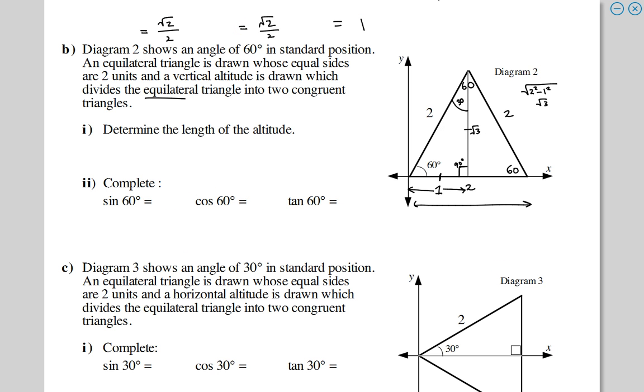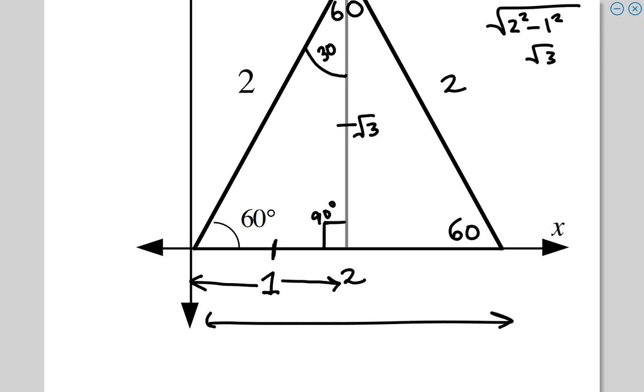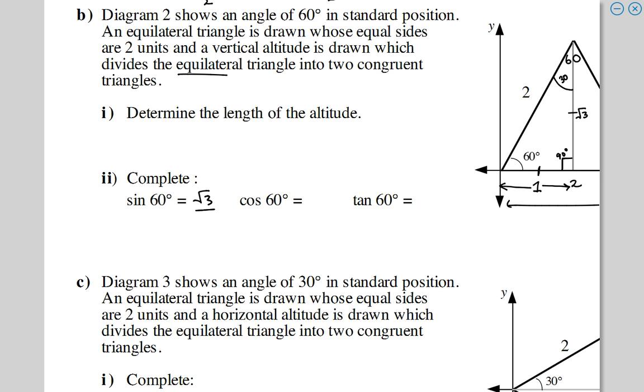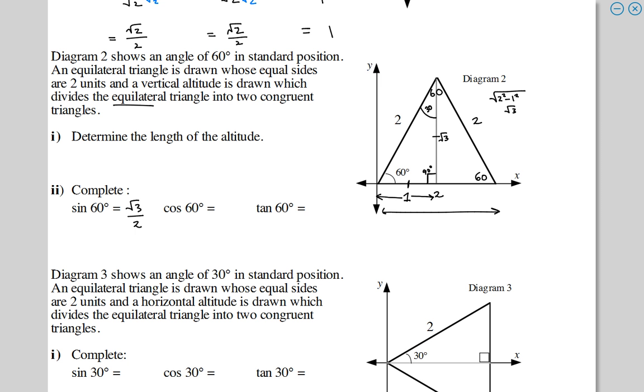So using this triangle, what's the sine of 60? That would be the opposite over the hypotenuse, the y over the r. So it is root 3 over 2. And the cos of 60 will be the adjacent. So that's going to be this adjacent 1 over the hypotenuse 2. So x over r, 1 over 2.